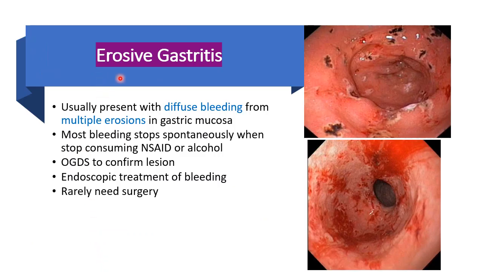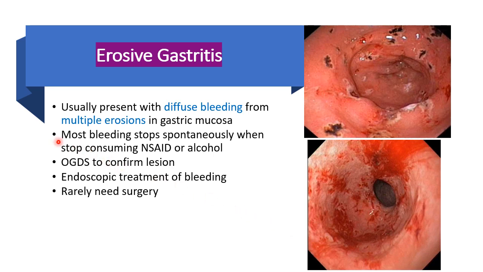Next, we come to erosive gastritis. Erosive gastritis usually presents with diffuse bleeding from multiple erosions in the gastric mucosa, which is clearly seen in this patient. See, multiple superficial erosions here with blood stains. This is more diffuse with a lot of blood stains, and these are diffuse bleeding.